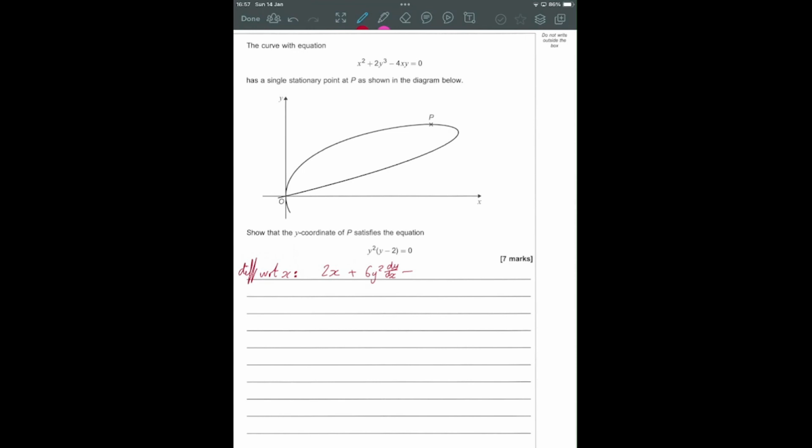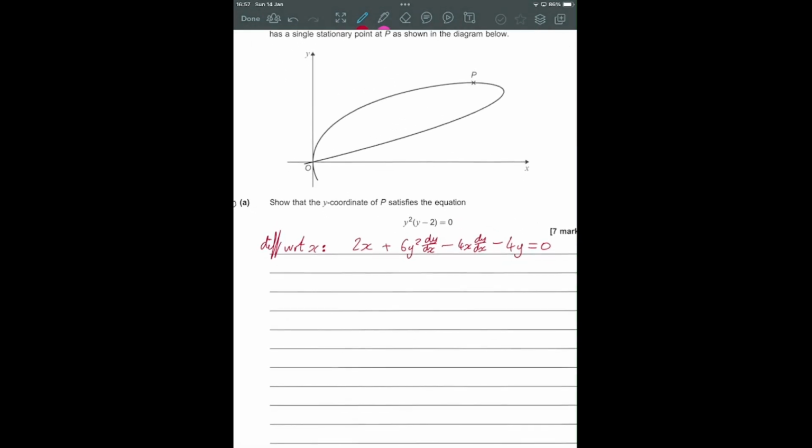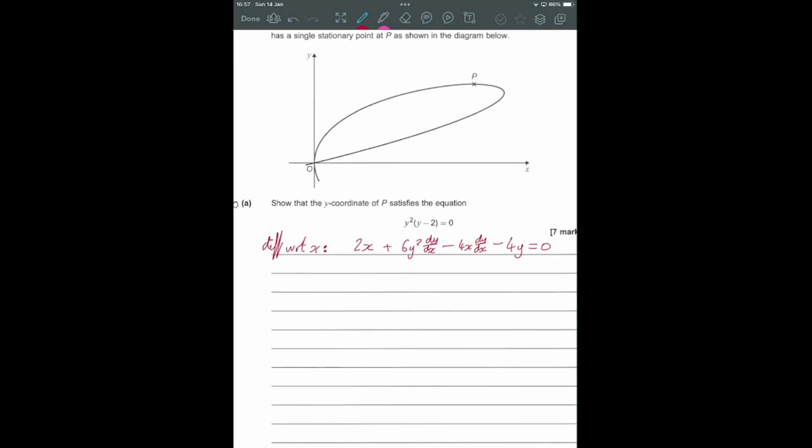We've got -4x times the derivative of y, plus the y times the derivative of -4x, equals 0. Now it is tempting to rearrange this to make it dy by dx equals. You don't need to. Unless the question tells you to find the derivative, you don't need to.